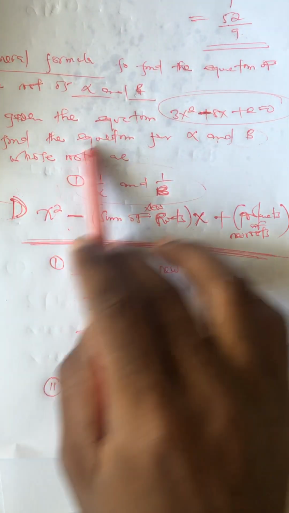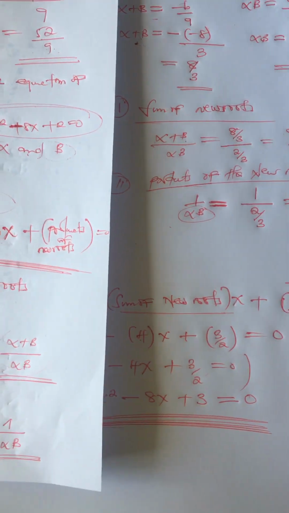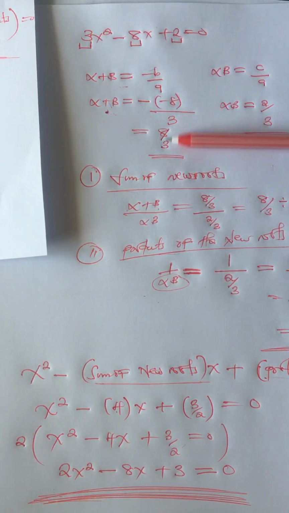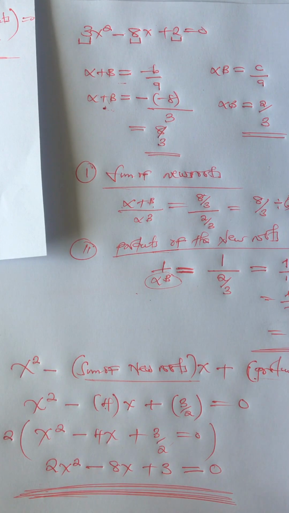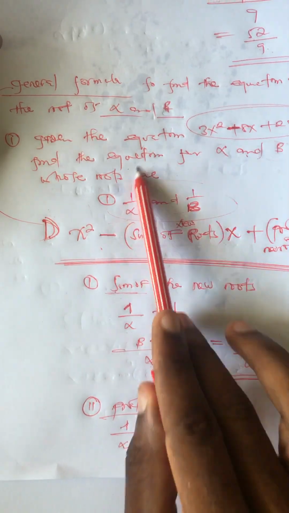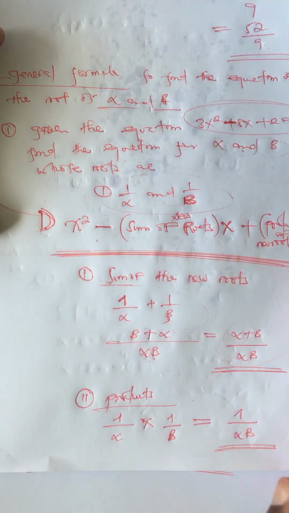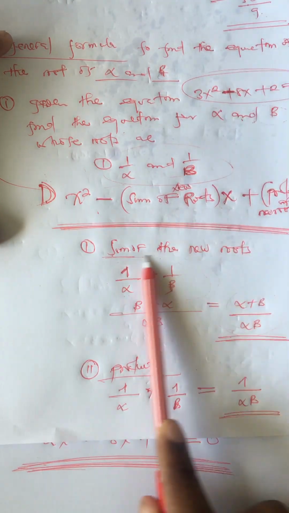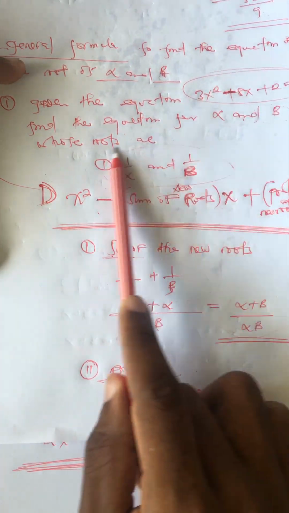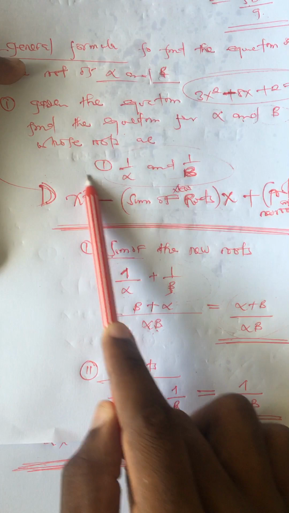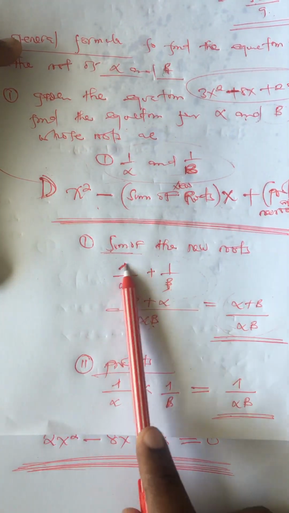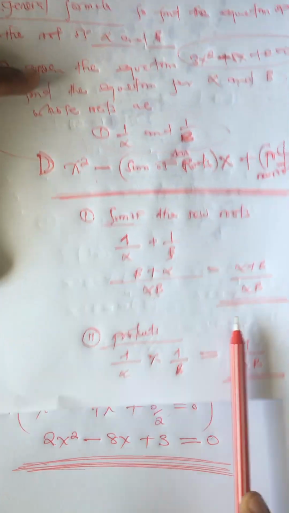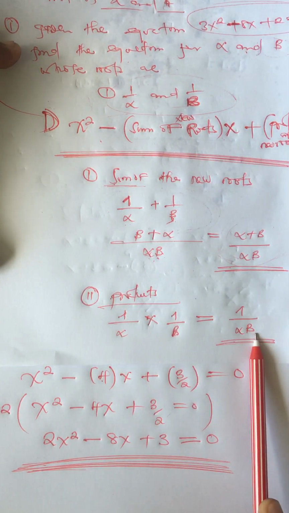So this is the whole concept behind this kind of question. First, you know the formula, then you find the sum of the new roots: sum means addition, you add to give you this, then multiplication, you multiply to give you this.